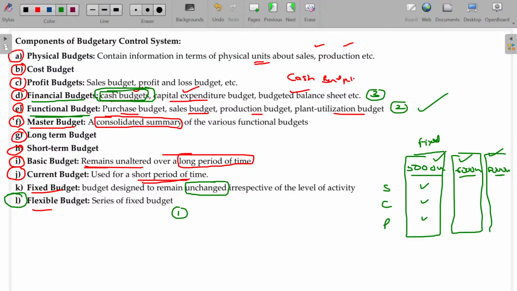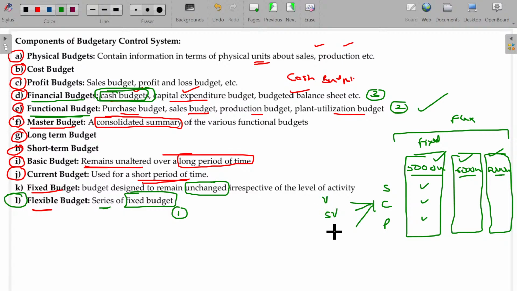If I prepare for this, then it's called fixed budget. But if I'm presenting all the details for the ready reckoner like, then it's called flexible budget. So flexible budget is nothing but a series of fixed budget. In this case, the main thing that you have to understand is classification of the cost. Maybe pure variable cost and semi-variable cost and probably sometimes fixed cost.